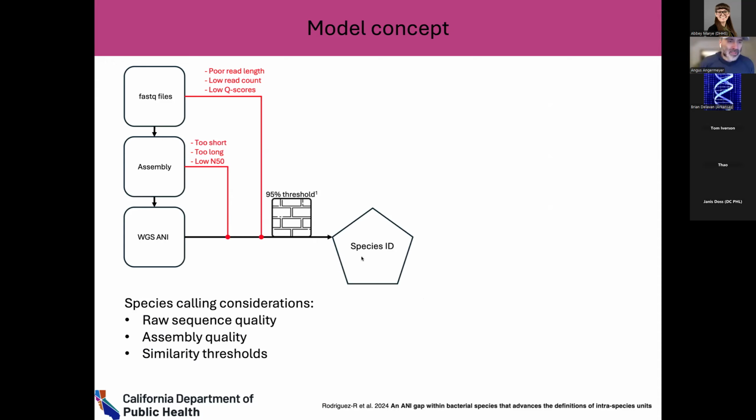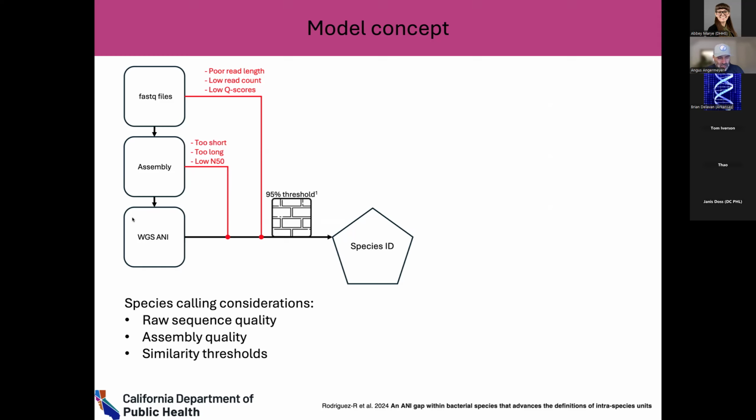The next step is to take a look at the model. This is a super high level concept of how the model works. It's pretty much just a series of if-thens within the code. To conceptualize what it's doing, we take the FASTQ files, look at the quality of those, generate an assembly, look at the quality of that, and then do the whole genome sequencing ANI.